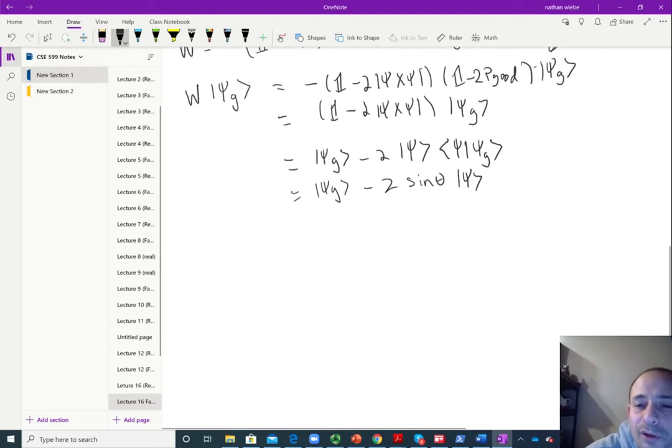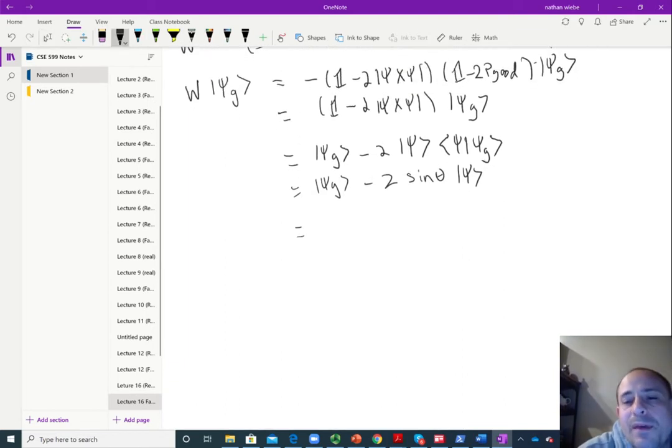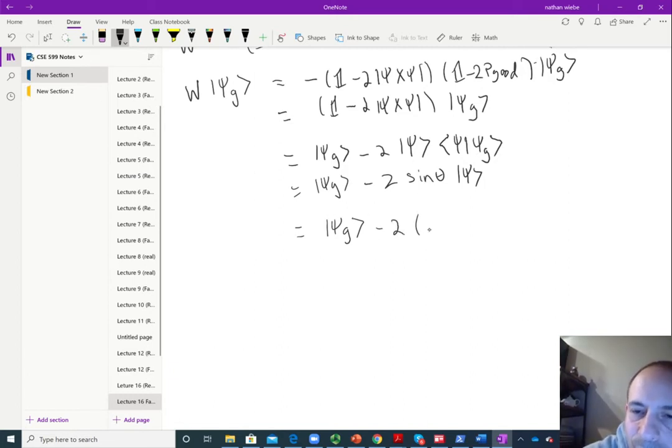We can also express psi as sine theta psi g plus cosine theta psi b, times sine theta.